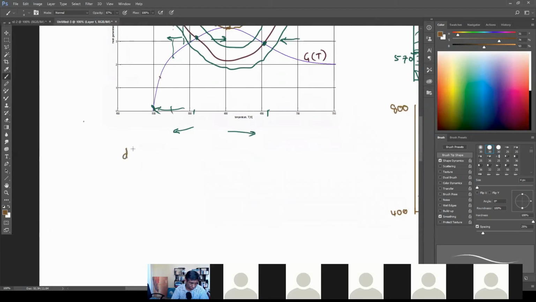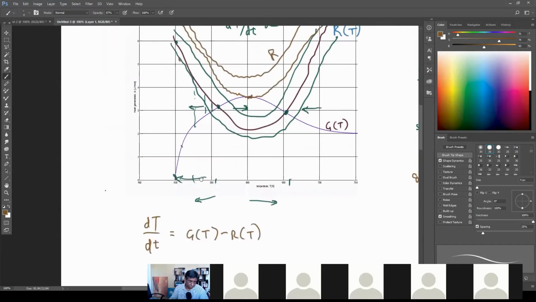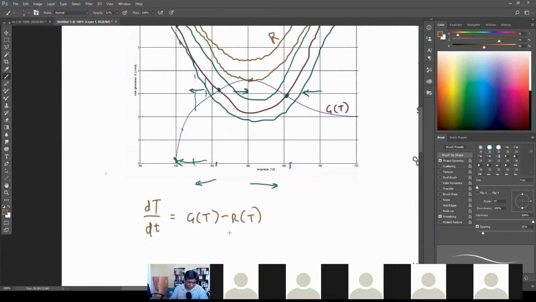For your temperature time curve, remember, we've got dT/dt equals G of T minus R of T. Each of these is going to change according to these curves.